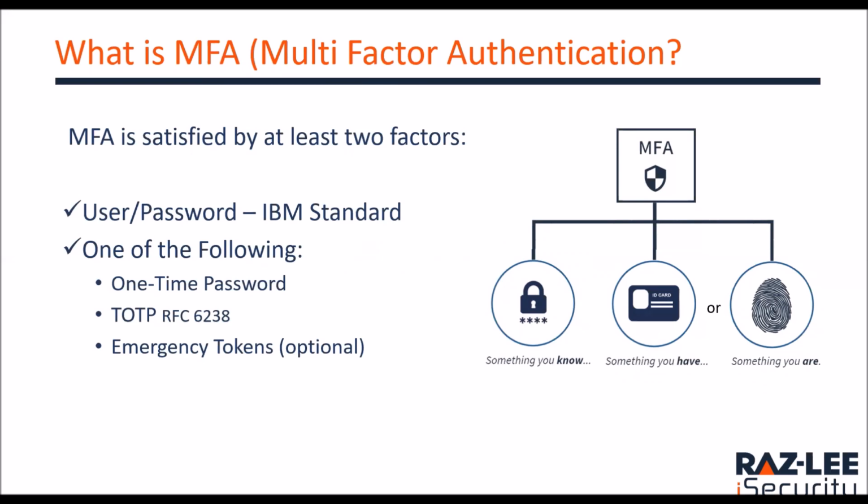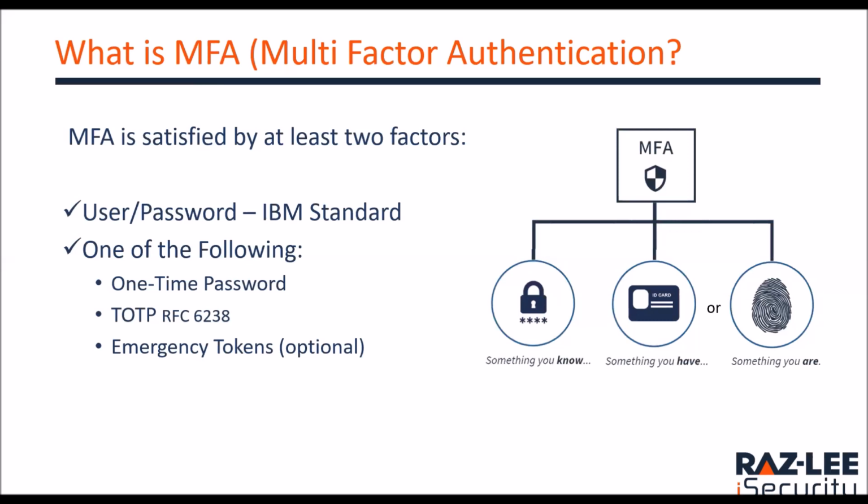First, we have at least two factors of authentication. Besides the user and password, that is one factor, we need, as we see in the picture, something that we know, or something that we have, or something that we are. Something that we know is a one-time password, a TOTP, or an emergency token.